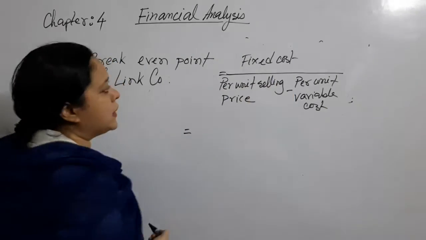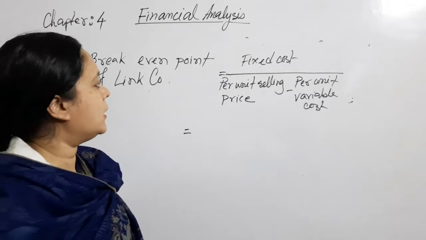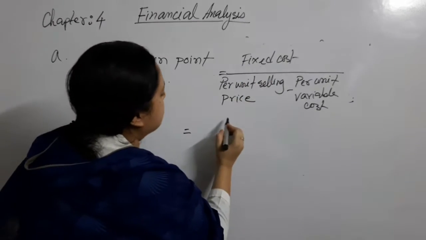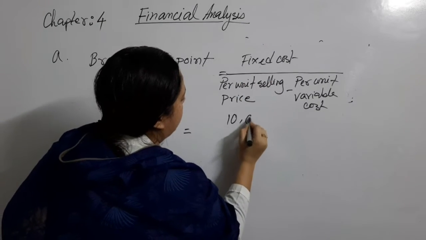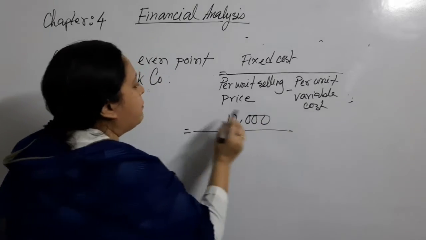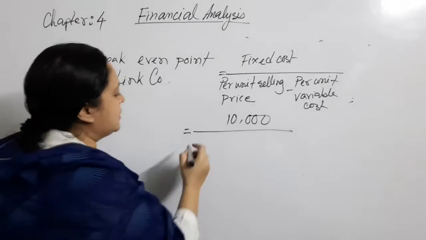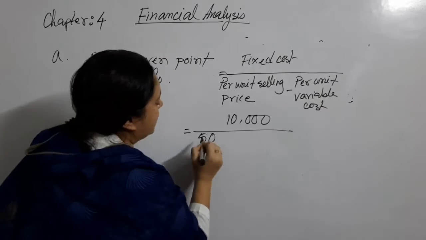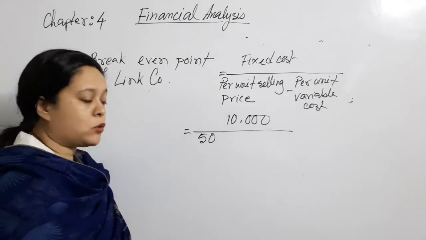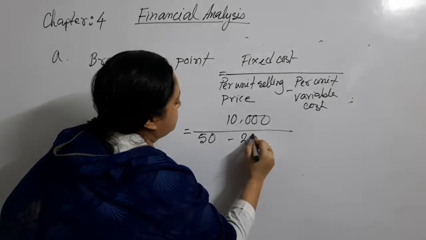Fixed cost, from the stem we can write here that the fixed cost is 10,000 taka. Per unit selling price is taka 50, and per unit variable cost is taka 25.